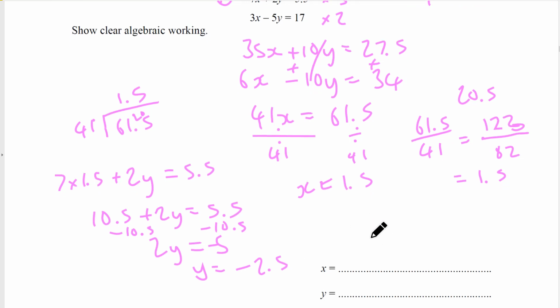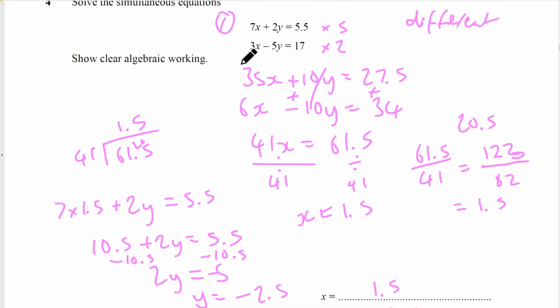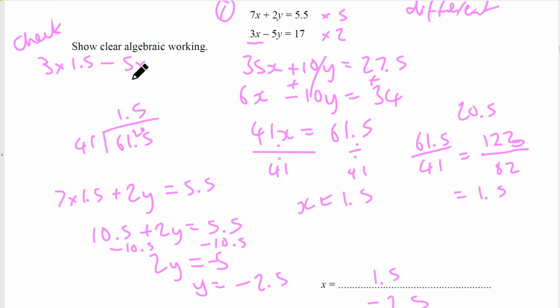That's done. Remember guys, I want full marks on these questions. So what do we do? Double check this into the second one. So let's check here. 3 times 1.5 minus 5 times minus 2.5.